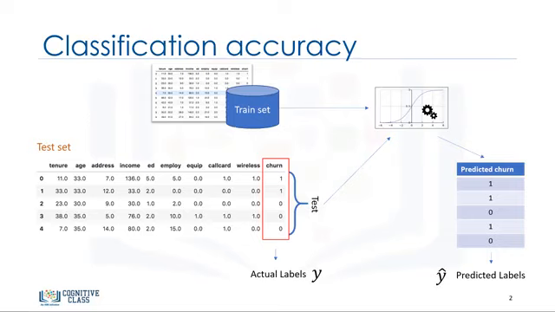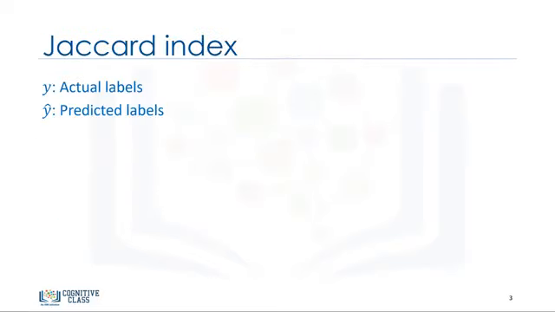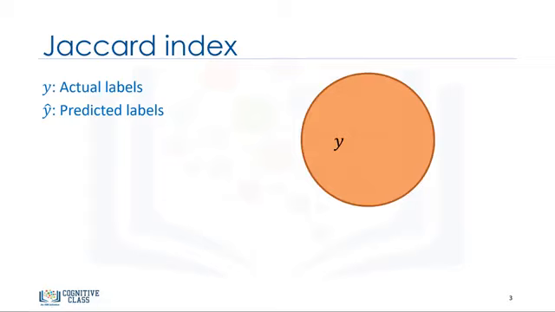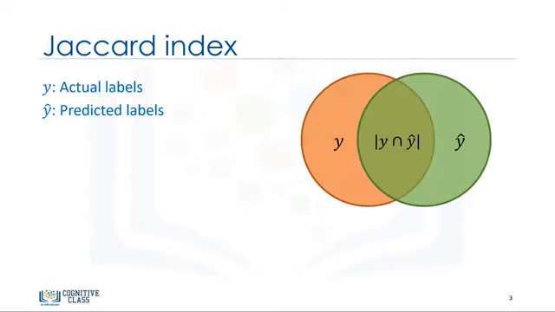There are different model evaluation metrics, but we just talk about 3 of them here, specifically Jaccard Index, F1 score, and log loss. Let's first look at one of the simplest accuracy measurements, the Jaccard Index, also known as the Jaccard Similarity Coefficient. Let's say Y shows the true labels of the churn dataset, and Y hat shows the predicted values by our classifier.